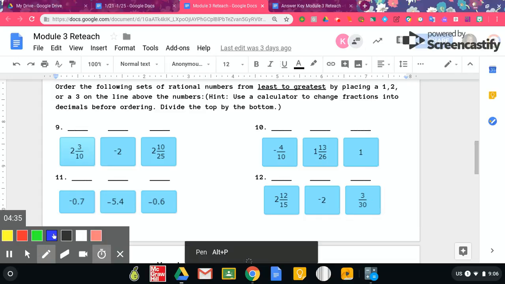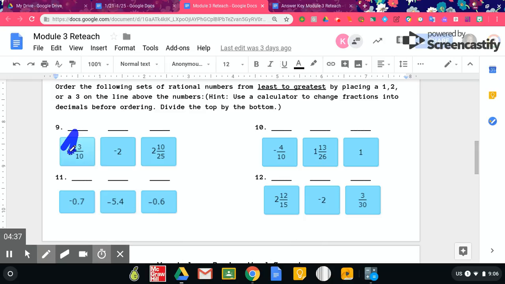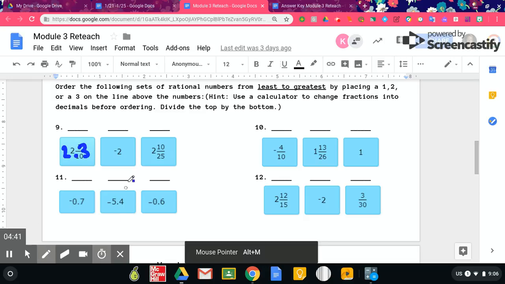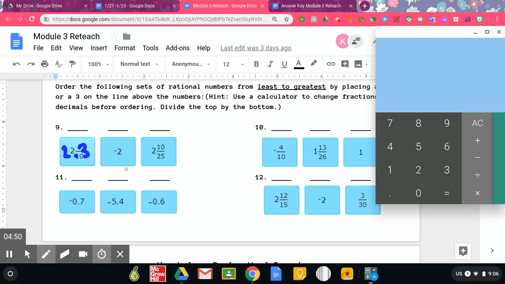So when I'm ordering these, I need to think of it as 2.3. -2 is already a negative whole number. I don't need to change that to anything. And then I have 2 10/25, which is an unsimplified fraction, but that's okay. Just take 10 and divide it by 25, and you get 0.4.